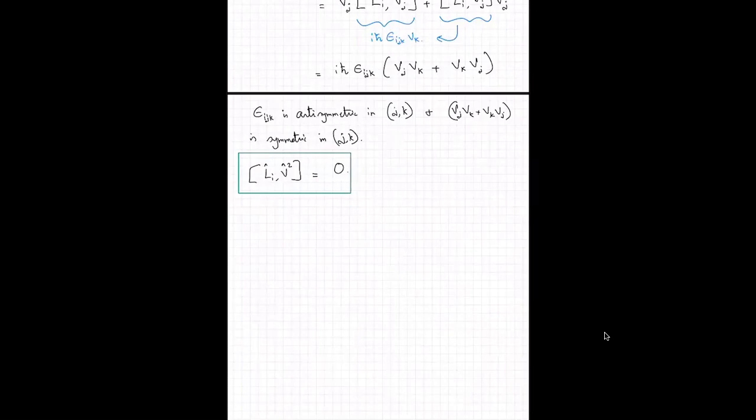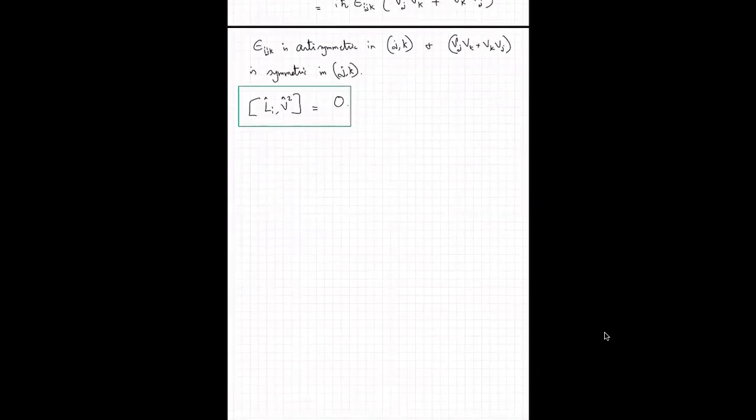So with this information, we can now proceed to understand if the Hamiltonian is invariant under rotations or not. So what about the Hamiltonian?